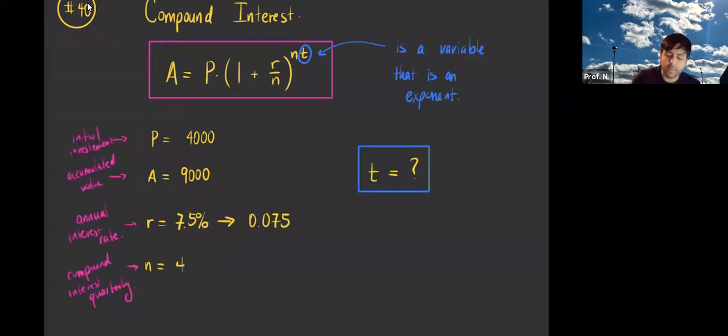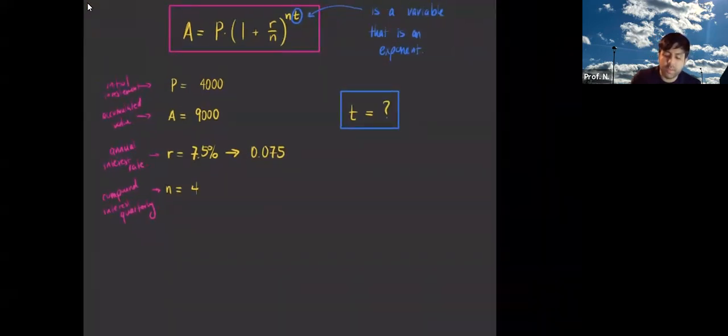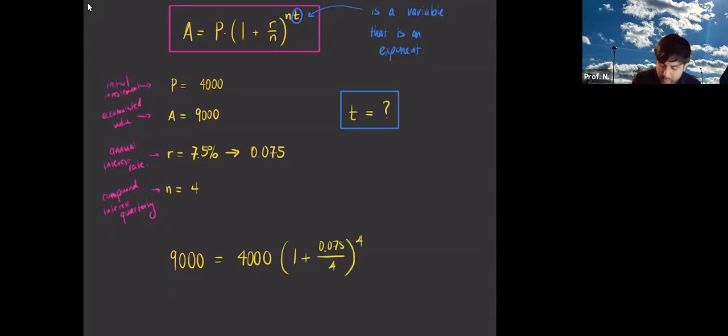Okay, so once we have that specified, let's plug the things that we know into our formula. So you get 9,000 equals 4,000 times 1 plus r, which is 0.075 divided by 4, raised to the 4t.